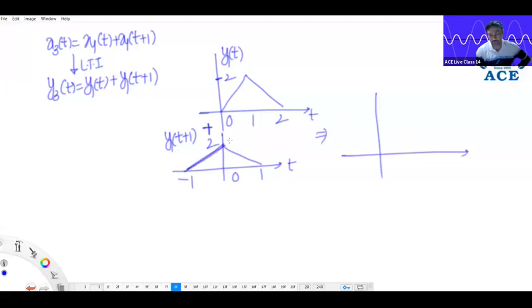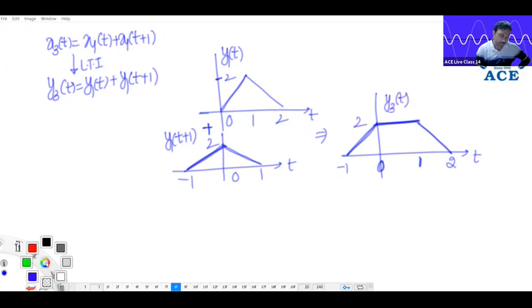So from -1 to 0, this is a positive ramp retained as it is. From 0 to 1, a negative ramp added to a positive ramp becomes constant, sir. From 1 to 2, a negative ramp as it is. For the interval 0 to 1, the positive ramp added to the negative ramp becomes a constant after addition.